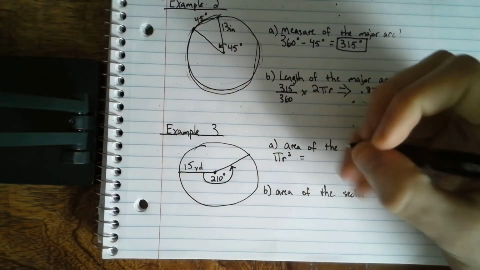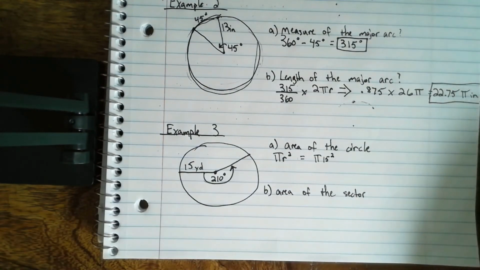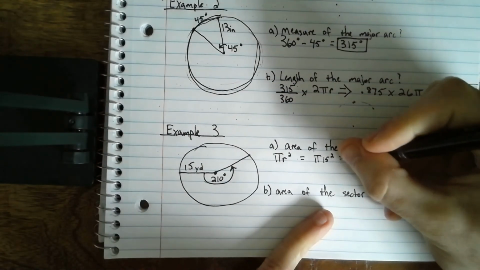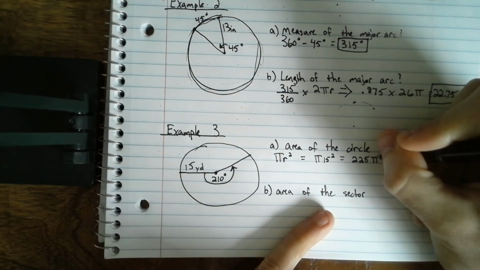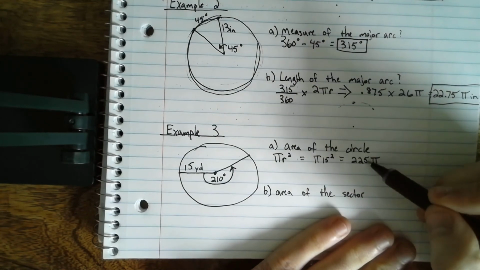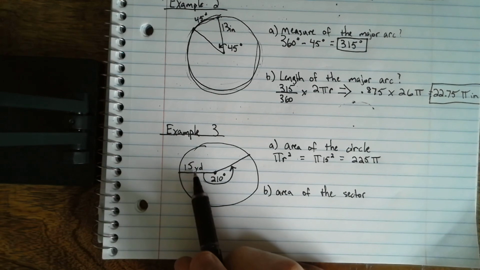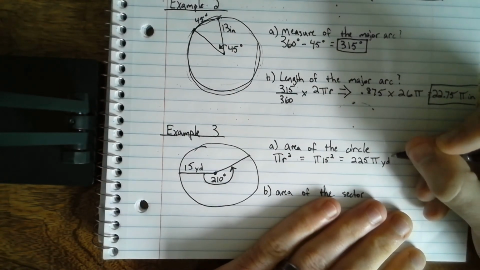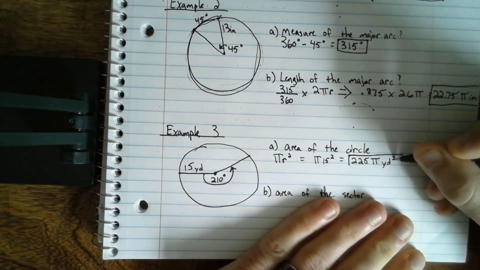My radius is 15, so pi times 15 squared. 15 squared is 225, and then I'm just going to leave the pi in there. I don't want to expand that out. So the area is pi times 15 squared, so 225 pi, and then that's going to be yards squared, because remember, this is area, so we've got to have our units squared.